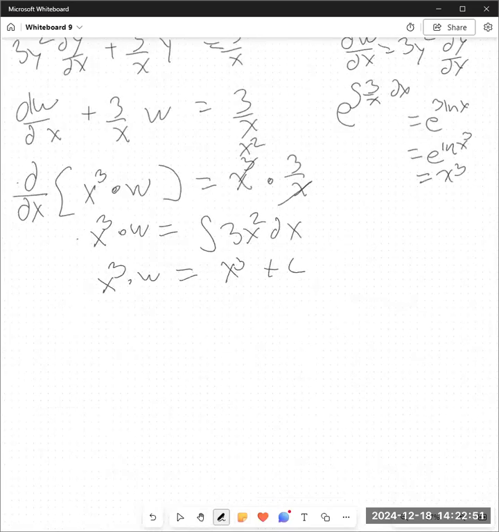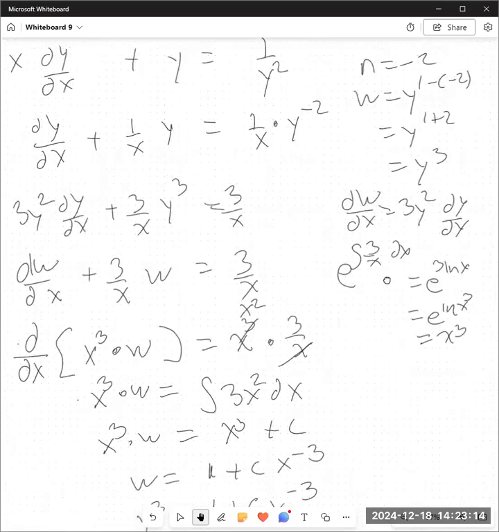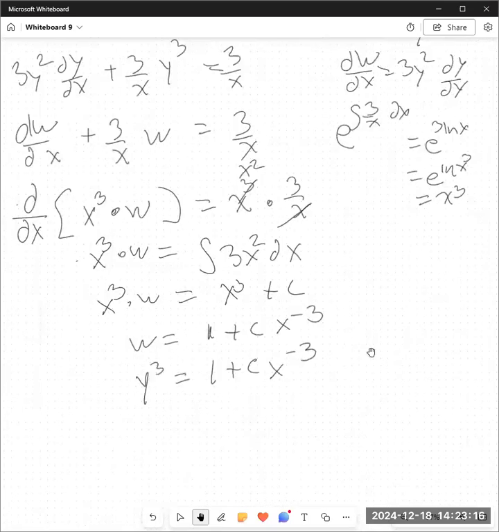I'm going to divide everything by x^3 to solve for w. That's 1 plus c x^(-3). And then we're going to replace w with y^3. And I just learned you always solve for y to the 1 minus n, that's w, and don't worry about solving for y.